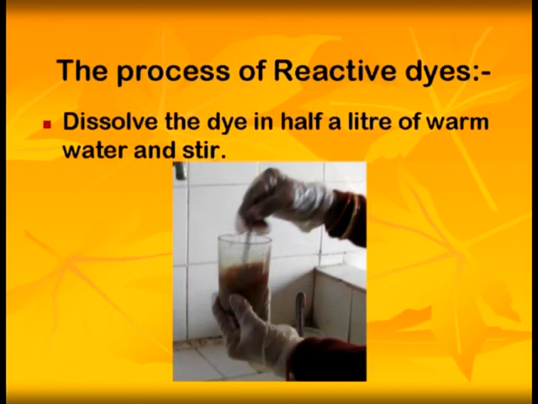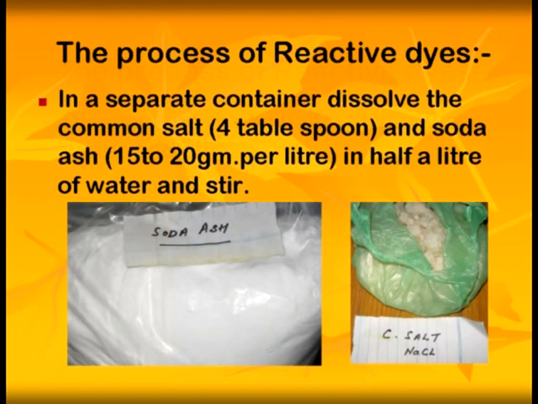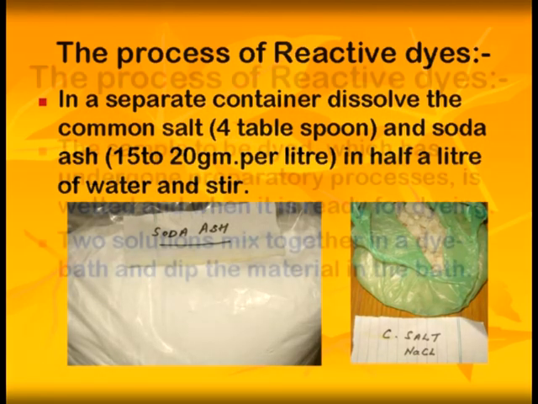Dissolve the dye, about 10 grams, in half a liter of warm water and stir. In a separate container, dissolve the common salt, 4 tablespoons, and soda ash, 15 to 20 grams per liter, in half a liter of water and stir.